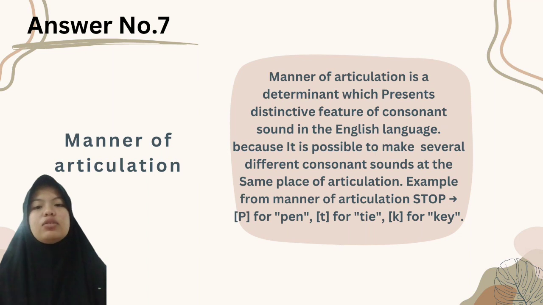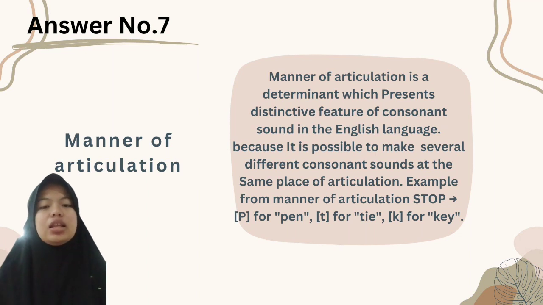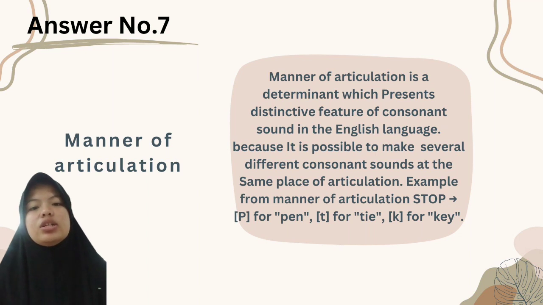Manner of articulation is a determinant which presents the distinctive feature of consonant sounds in the English language because it is possible to make several different consonant sounds at the same place of articulation. For example, from manner of articulation, stop: P for pen, T for T, and K for K.